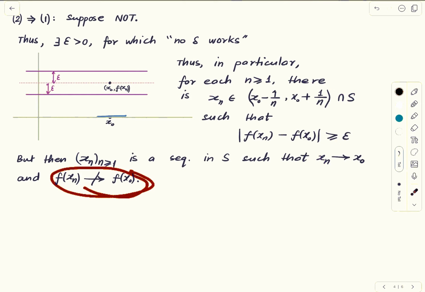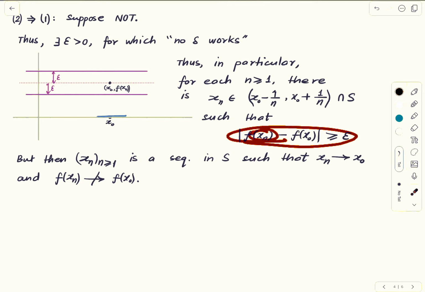But what I want to say is that f(xn) does not converge to f(x0) because this is the case for each n. For each n, f(xn) is away from f(x0). So f(xn) does not converge to f(x0). So we have justified this, and therefore this is a contradiction to 2.